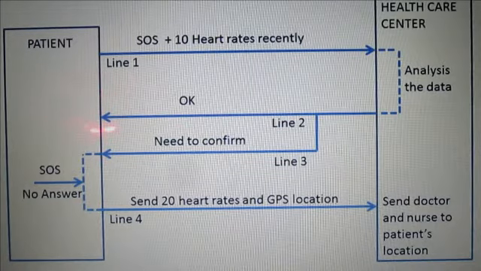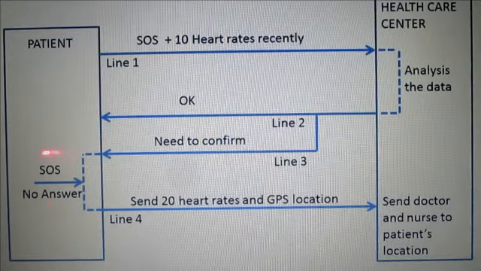If the patient receives the OK signal through SMS from the healthcare center, the MCU will do nothing more. But if the patient receives the need-to-confirm signal from the healthcare center, it will wait until the patient pushes the SOS button or the patient doesn't push any button in the allowed time.